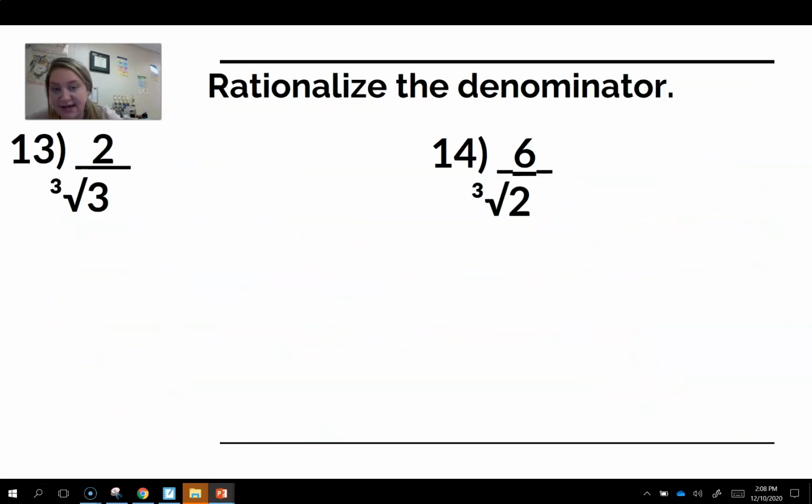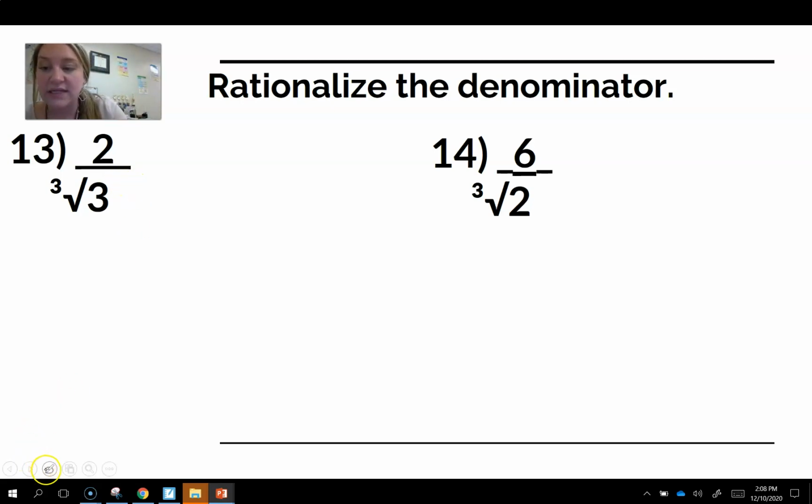Now we're going to go into rationalizing the denominator. Okay, so to rationalize the denominator is when I can't simplify the fraction. So notice now I only have one piece of my fraction that has a radical on it. So here we have the cube root of 3 underneath as a denominator. That's not allowed to stay that way. We can't have radicals in denominators, so this is why we rationalize it, okay?